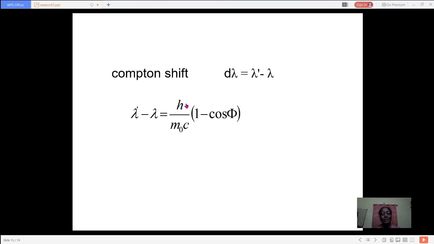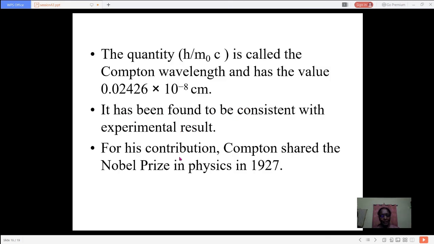In this expression you see the term h by m naught c, where m naught is the mass of the electron, c is the velocity of light, and h is Planck's constant. h by m naught c is called the Compton wavelength.